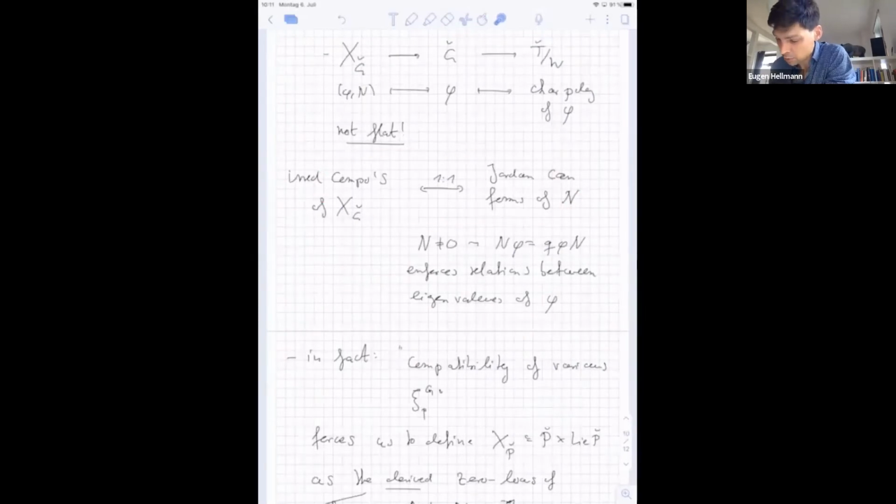Because what's actually behind this classification of the irreducible components is the map of X_G check to the nilpotent cone. You project it to the set of possible n's, and n is nilpotent, so you map to the nilpotent cone. And for a reductive group, the action of the group on its nilpotent cone only has finitely many orbits.